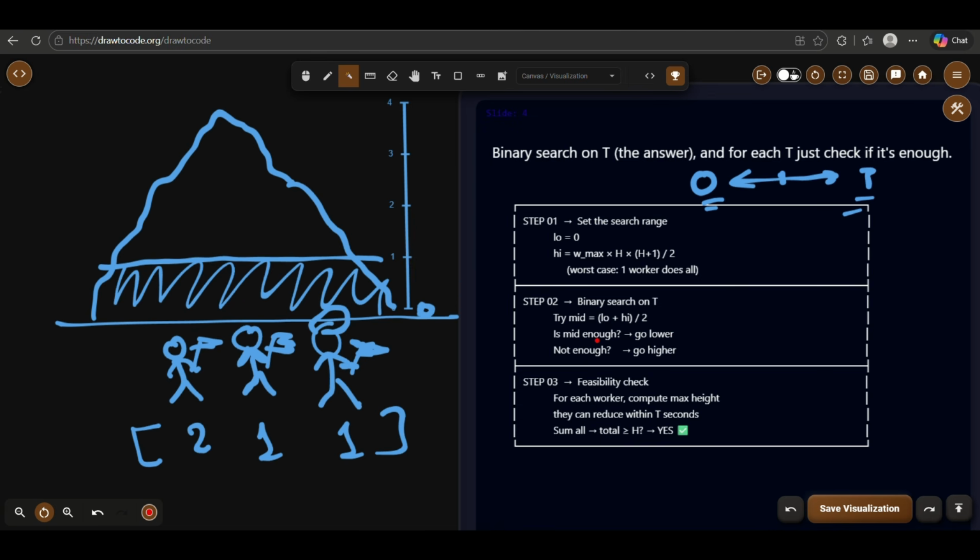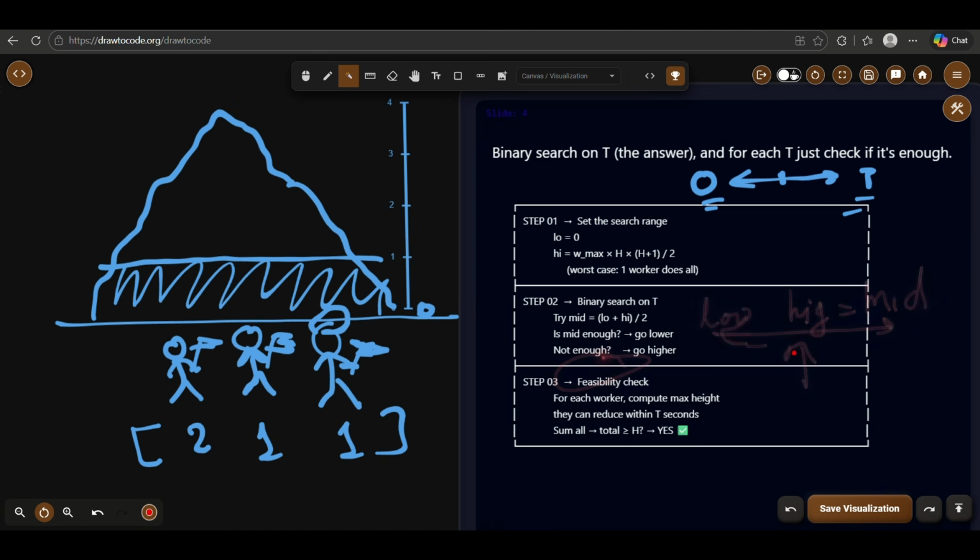After getting the answer from this function, if it is possible, then we will try to minimize the time. So low will be 0 and high will be mid, and we will do binary search between these.